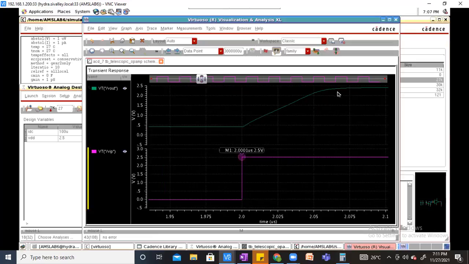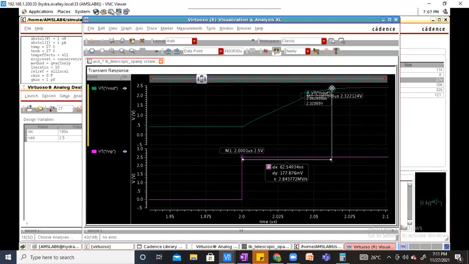Okay. Now with respect to 5%, if I take, it will be 2.357 something, 2.35. Let's check this. You can see it's just 62 nanoseconds. Before it was how much?